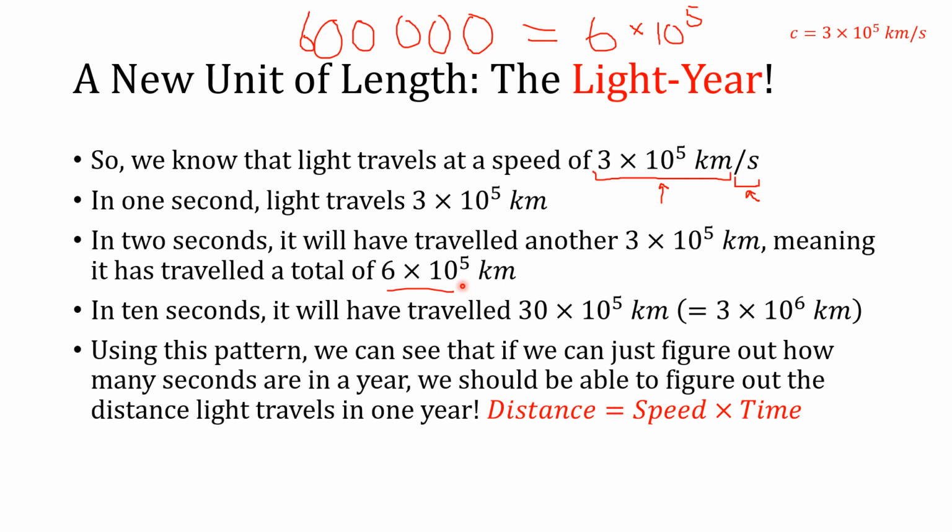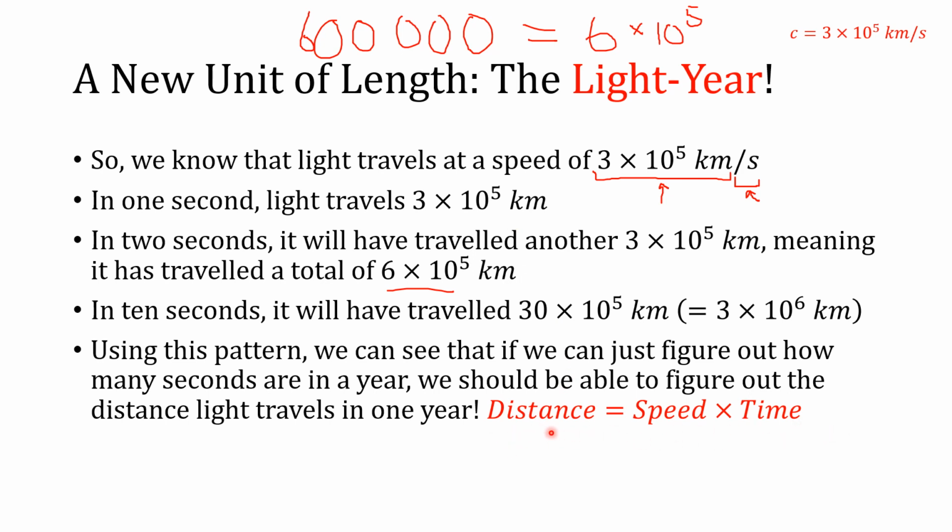So if we use that pattern, we can figure out how far light travels in a year if we just figure out how many seconds there are in a year, right? Because each second light travels this distance. So if we figure out how many of those seconds we can stuff into 1 year, then we'll have the distance that light travels in a year. And this is the formula that we actually use to calculate it.